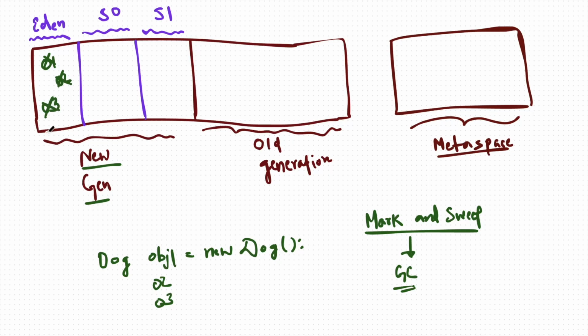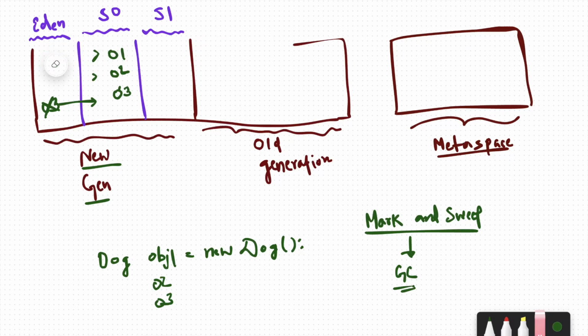After marking these objects, it will sweep them to our survivor space, to S0. So now O1 is here, O2 is here, O3 is here. As soon as this is here, our Eden memory gets freed up. Now this is free.